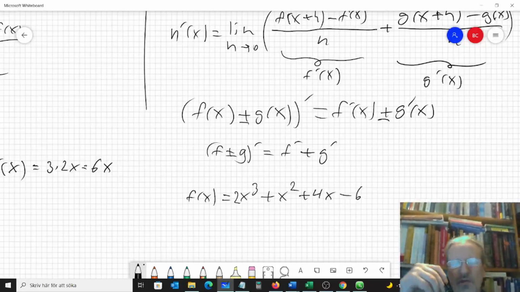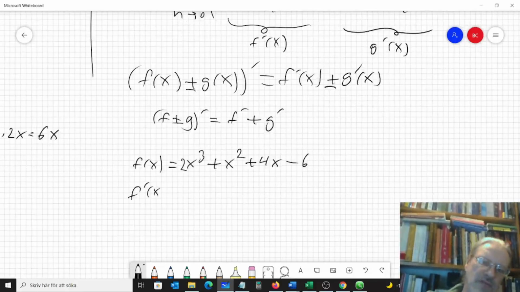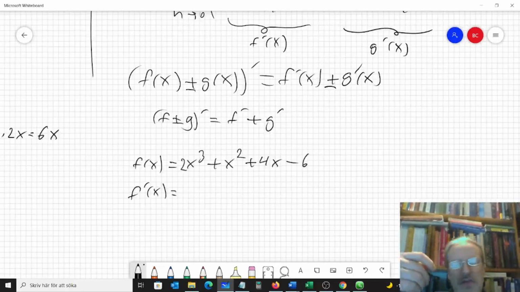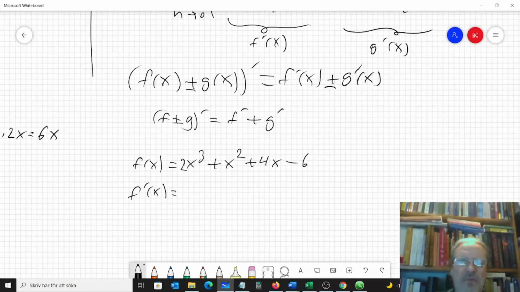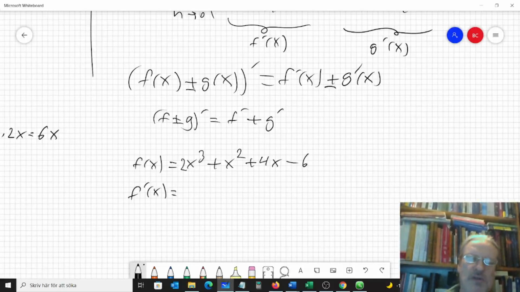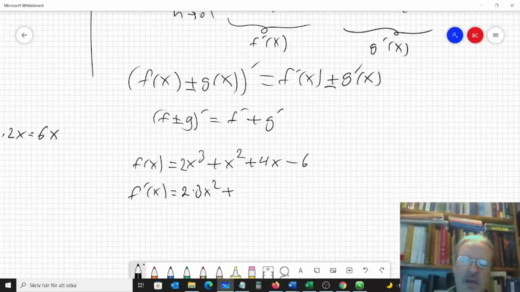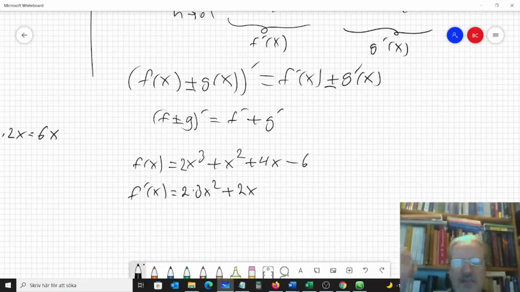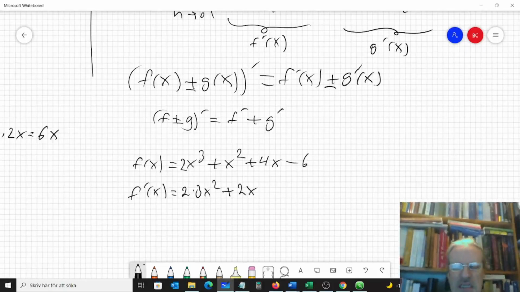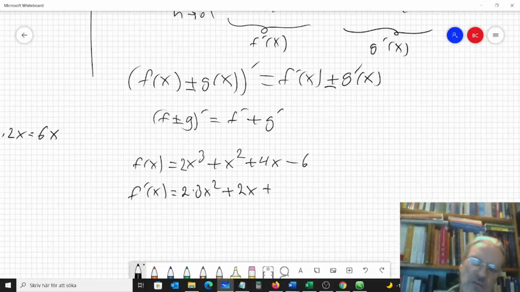So we can use the rule we just found out over and over again. That means that we can take the derivative of these separately. So f prime of x, we'd need to take the derivative of the first term, and by the rule we just found out before, this rule says that we can keep the constant, so we keep the 2, take the derivative of x to the power 3, and we found that earlier to be 3x squared, plus the derivative of x squared, which is 2x, plus the derivative of 4x minus 6, and that's just a straight line with a slope of 4, so that will be just 4.